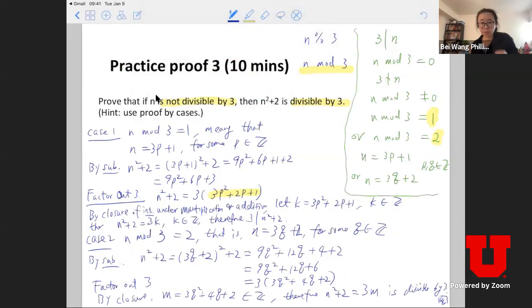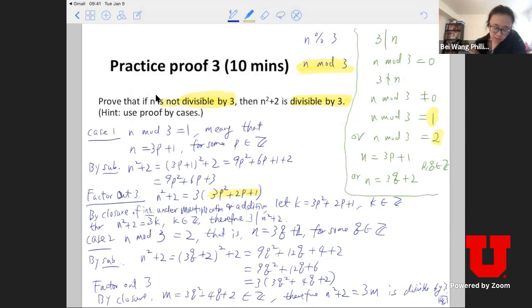So what is the key idea from this? Again, you want to understand the definition of some number being divisible by 3 or not divisible by 3, which is looking at its property with respect to taking the remainder, or n mod 3.